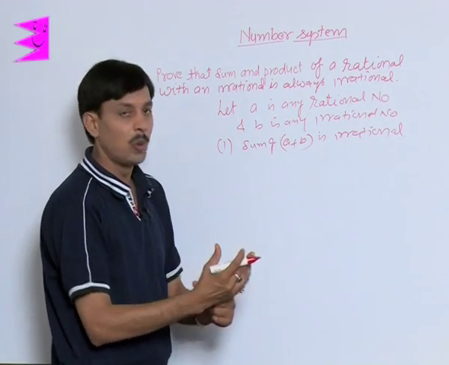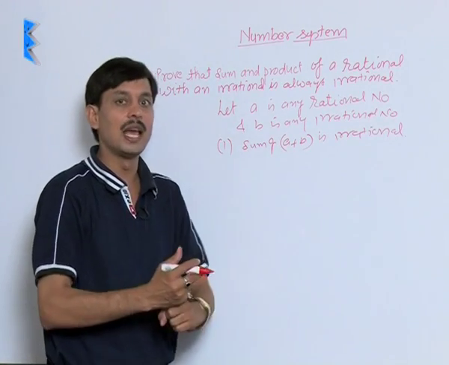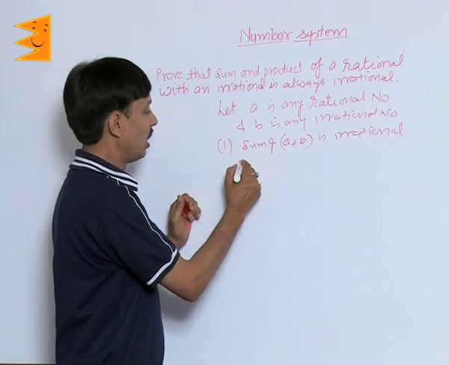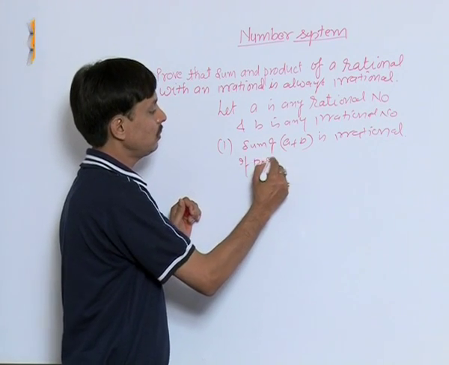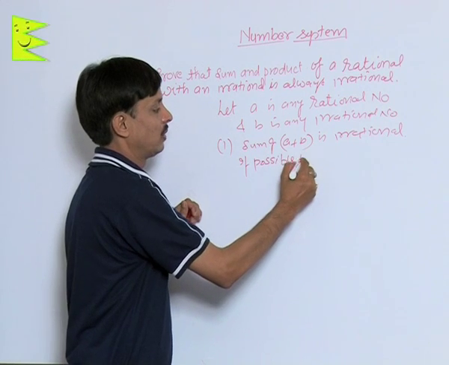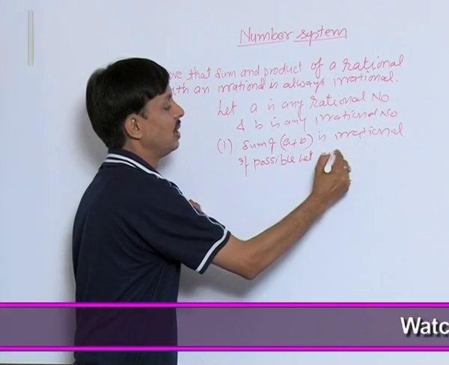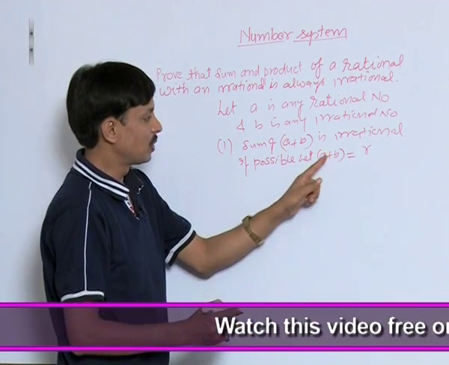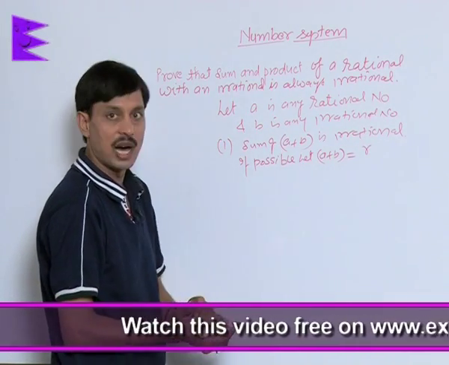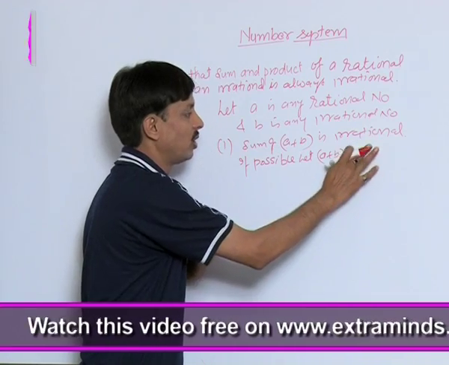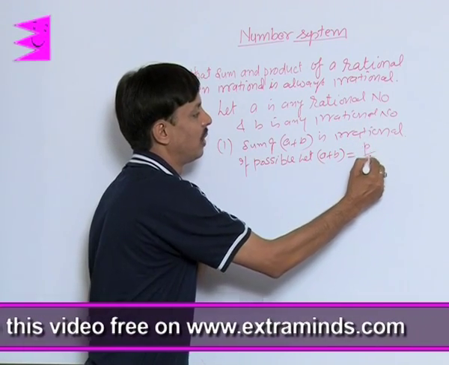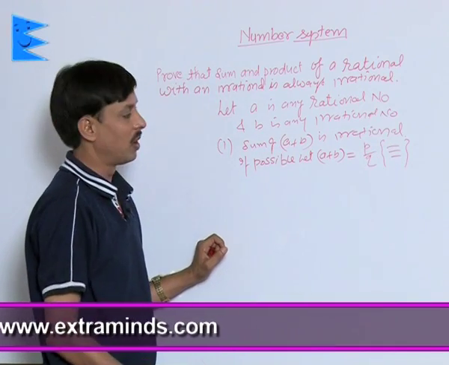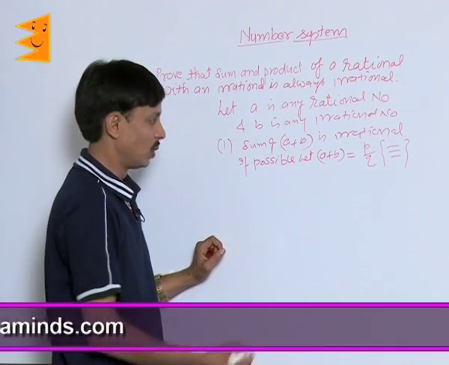In order to prove this, again I am going to take the help of the contradiction method. If possible, let A plus B be a rational number, suppose R. A plus B is a rational number equal to R. Or you can say it is P by Q, where P and Q both are integers having no common factor, Q is not equal to 0.